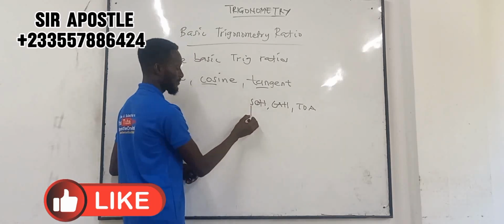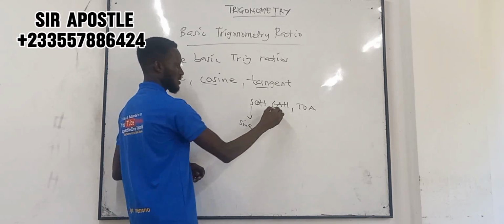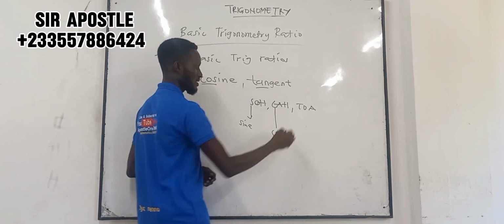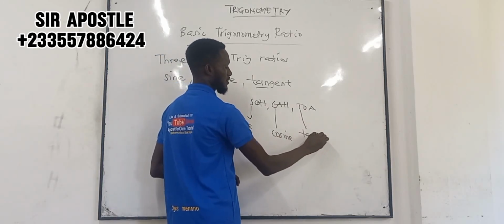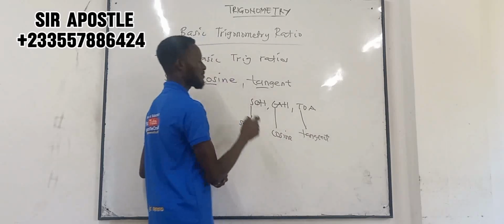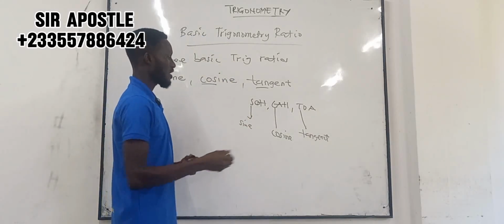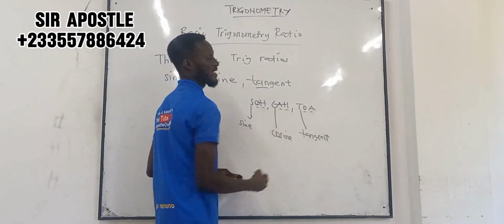The first letter S is the sine, the first letter C is the cosine or cos, and the T here is the tangent or tan. Don't forget, I'm using the shortcut form, not the real one. Here are O and H, here are A and H, O and then A.